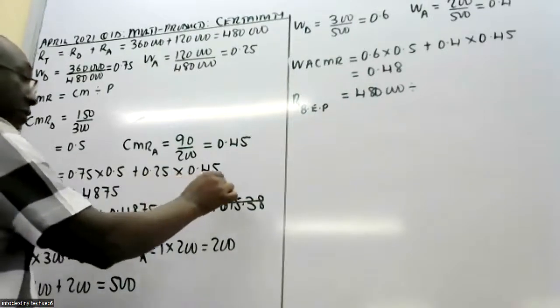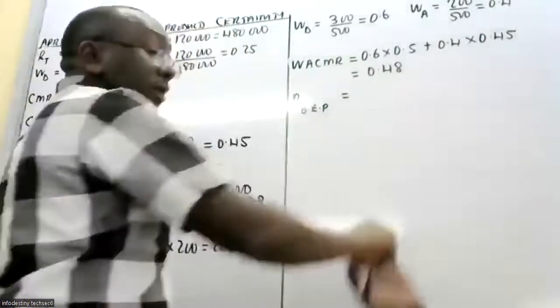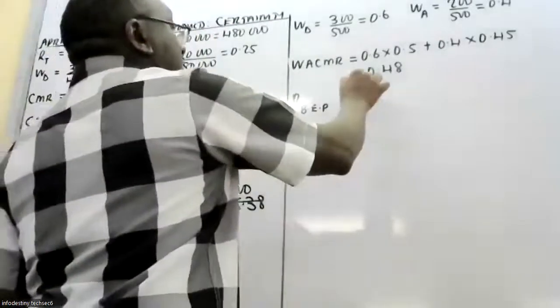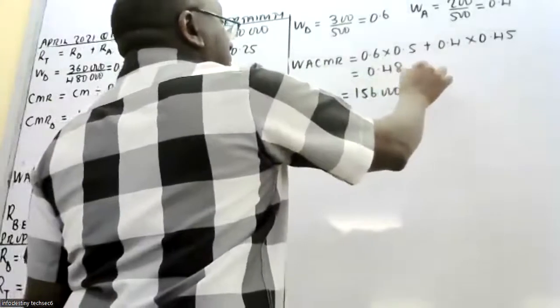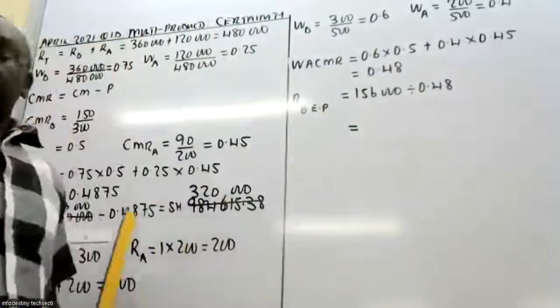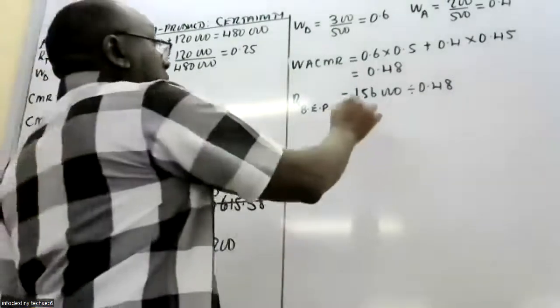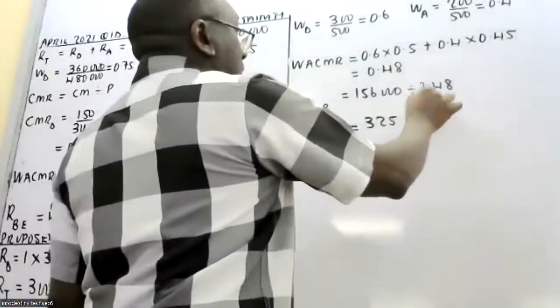Good. So sasa tukirudi hapa, instead of 480, it is 156,000. We divide by 0.48. Even our weights will change.